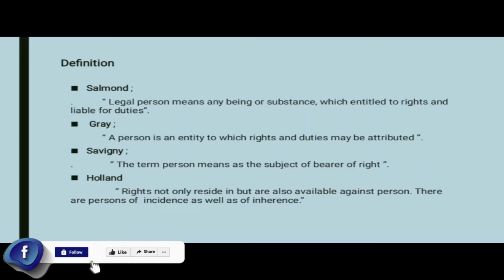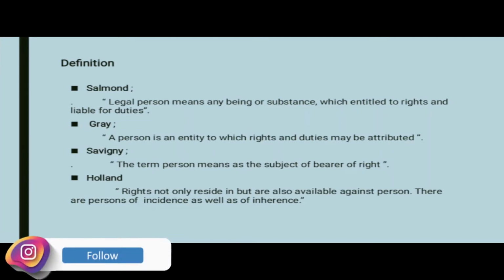First, the famous jurist Salmond gives a definition regarding legal person: a legal person means any being or substance which is entitled to rights and liable for duties. Here is my trick for remembering Salmond. In all of Salmond's definitions, he always speaks about being entitled to rights and liable for duties.